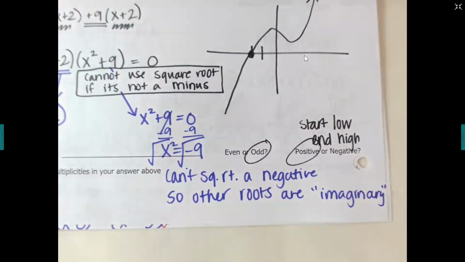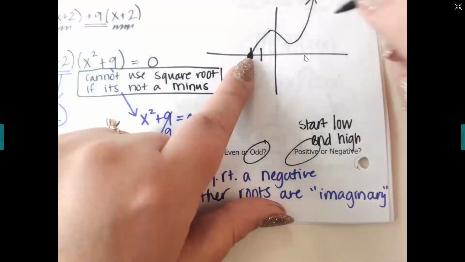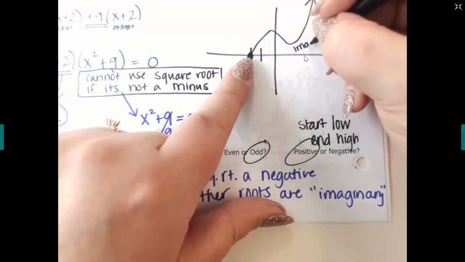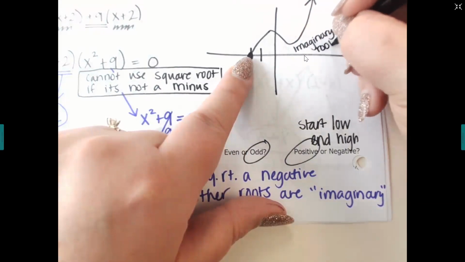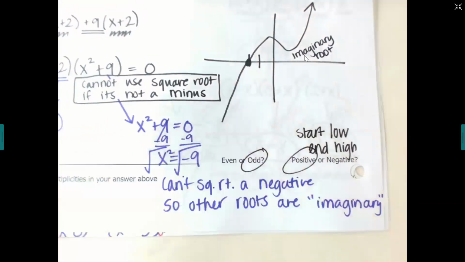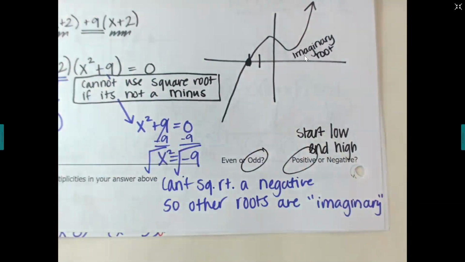Versus an imaginary root is where your graph kind of turns like it's gonna touch again, but then it doesn't make it. Okay, so this is an actual x-intercept, this is an imaginary. And so what it'll look like in the graph is that it just will never make it back to the x-axis. Maybe it turns and gets close, but then it's not gonna.